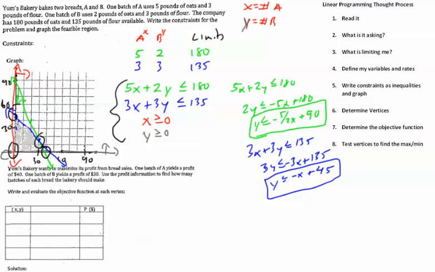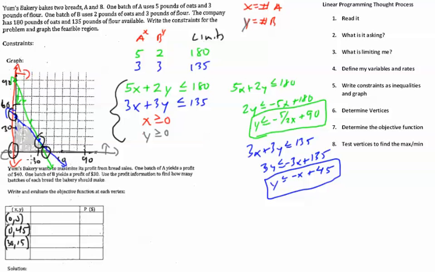This was the y-intercept for my flour, so that would be 0, 45. I've got my origin here as well. And then I have the intersection of the two lines, and that, when I graphed it, came out to be 30 and 15.